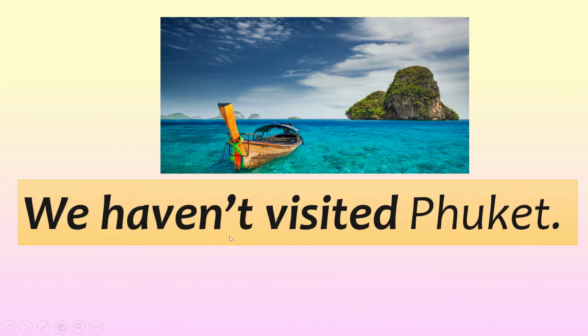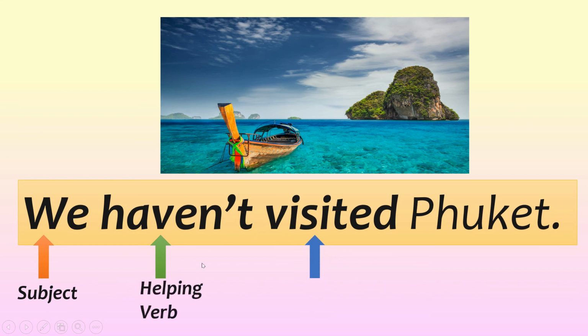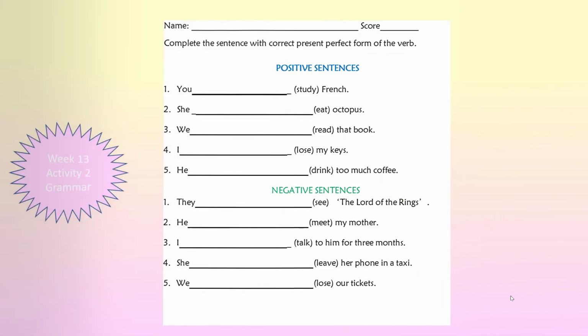Another one: we haven't visited Phuket. We is the subject, and haven't, in negative form, is the helping verb, and then we have the main verb. So this is the form of the present perfect.